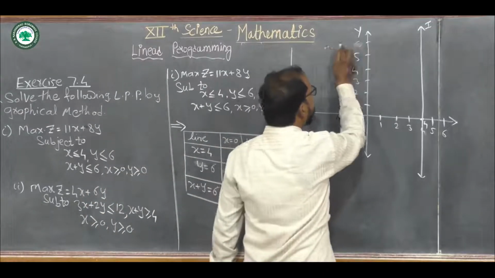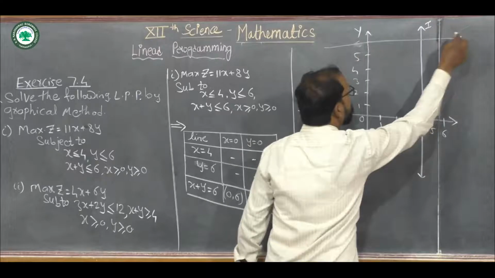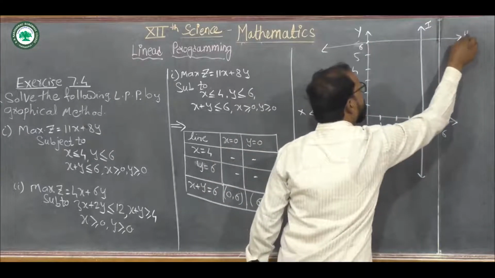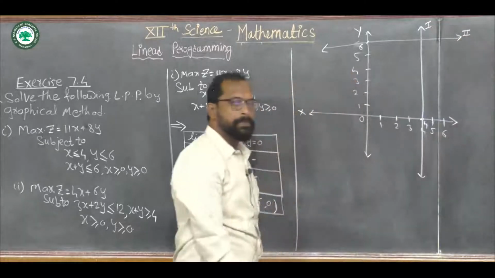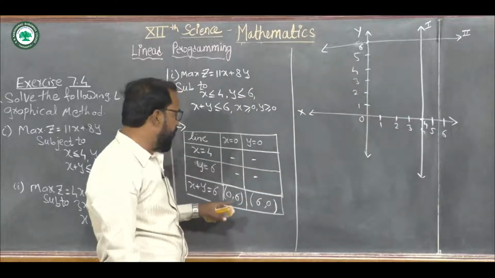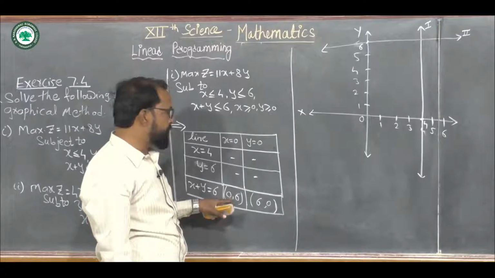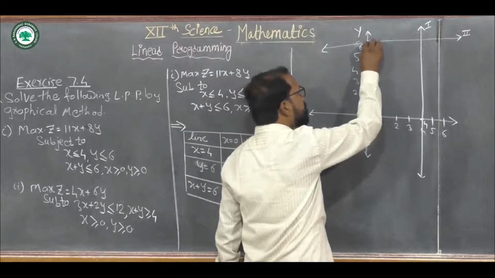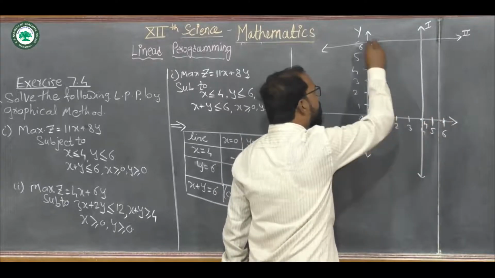So this is the second line, y equals to 6. And for the third line, we have to join the 2 points 0, 6 and 6, 0. Now this is the 0, 6 and this is the 6, 0.